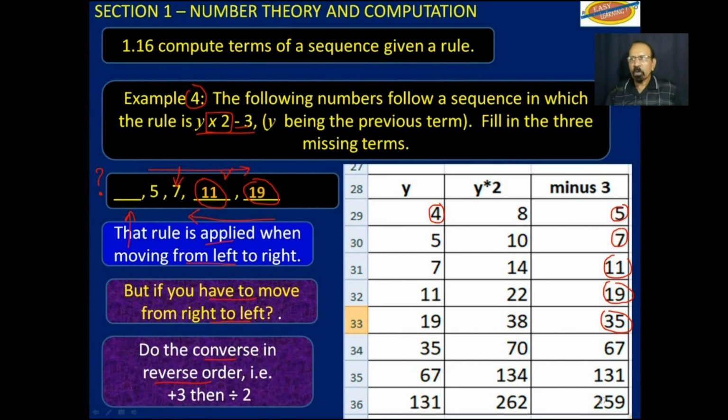What we will do now to this 5 is we will add 3 and then divide by 2 to get this term here. So 5 plus 3 would give us 8, divided by 2 would give us 4. So we can put 4 in there, which is the answer we got when we did it on the computer.